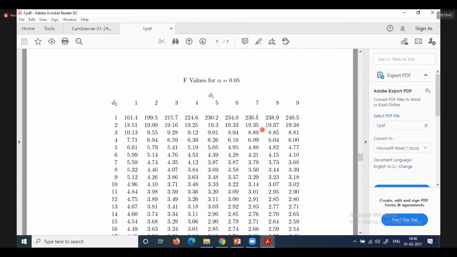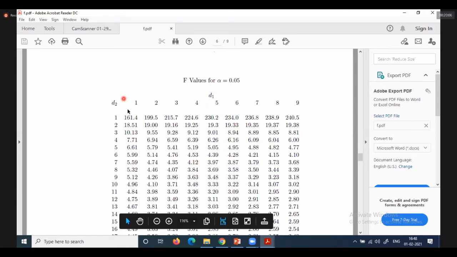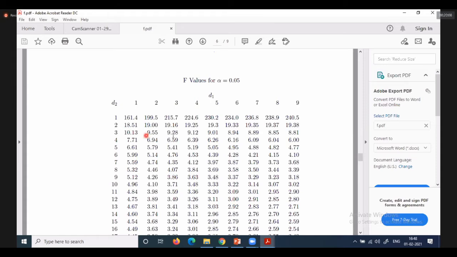Here is 7 and here 9 degrees of freedom is there. Always we have to take the numerator degrees of freedom value row wise, and the denominator degrees of freedom column wise. That's why they mention D1 and D2.